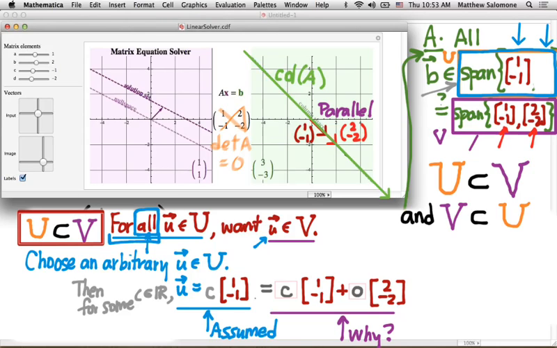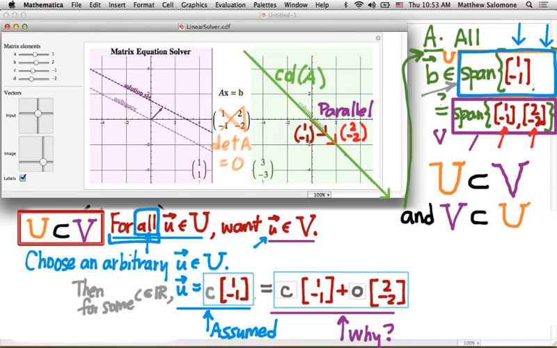But what's the difference in philosophy? On the left-hand side, we're looking at an element of the span of the vector (1, -1). So we're looking at an element of capital U. But on the right-hand side, we're looking at a linear combination of (1, -1) and (2, -2).